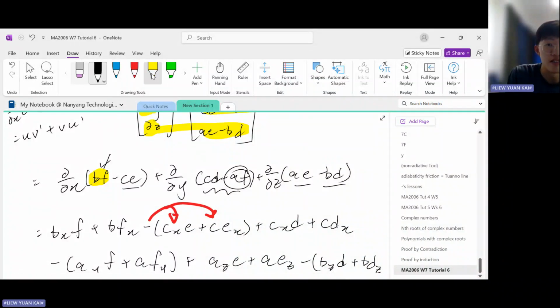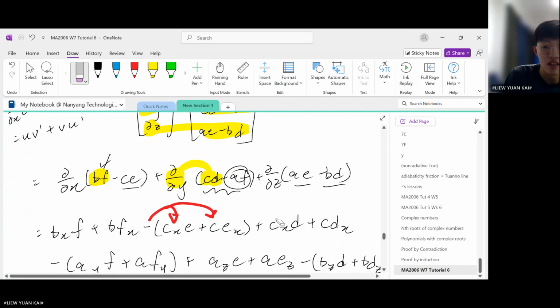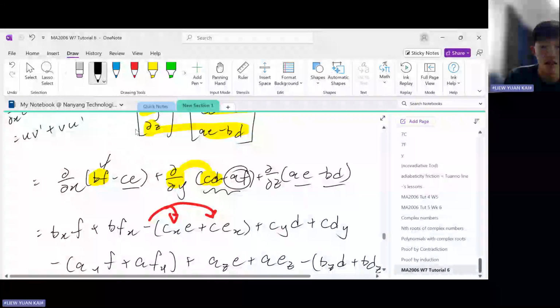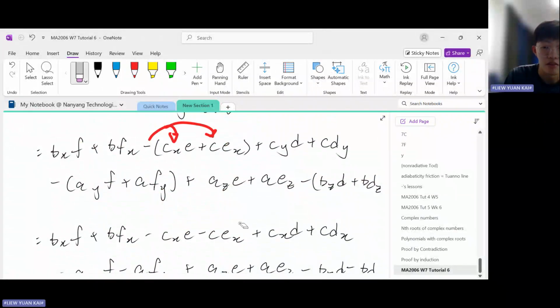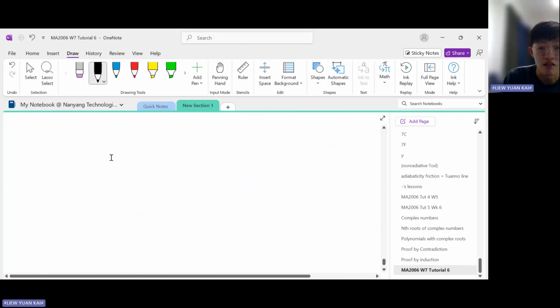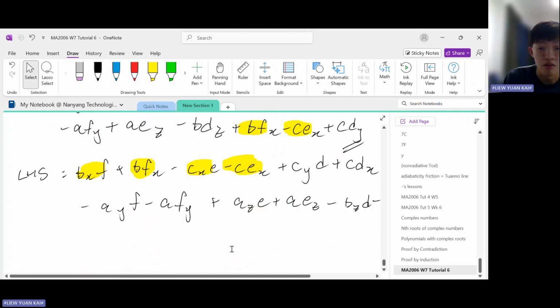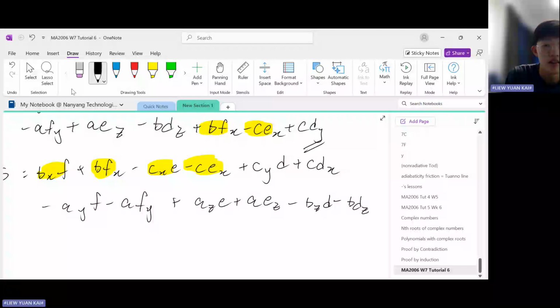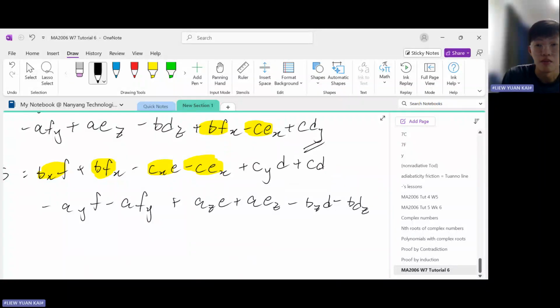The mistake that I made is I'm partially differentiating this and this, so this is supposed to be Y and Y. That means down here it should be Y and Y as well. My bad.